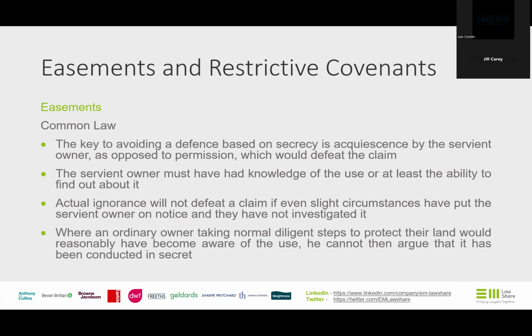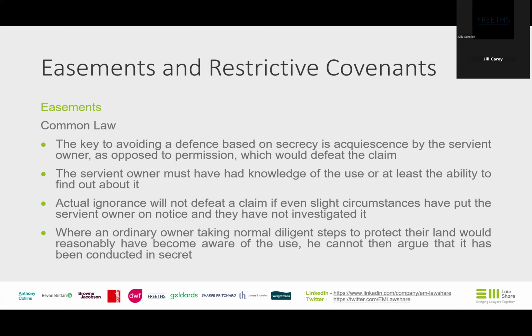It's important that the servient owner has had knowledge of the use, or at least the ability to find out about it. Depending on the use, that can be fairly broad. For example, if it's parking, and a simple walk or drive by the land would have revealed lots of cars parked there, then you're going to be deemed to have had the ability to find out about it.